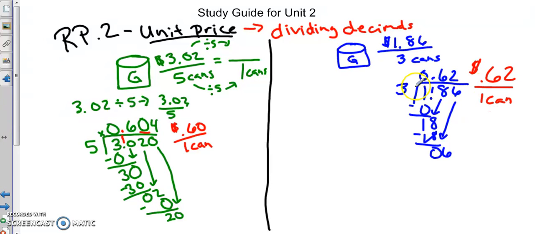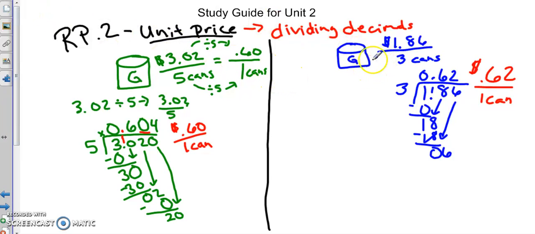So it was really close, but we can see that the green can of green beans is actually cheaper than buying the blue can of green beans. Let's place the point 60 here. It's only cheaper if I am buying 1 can.